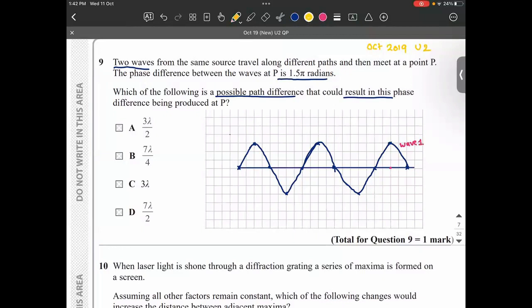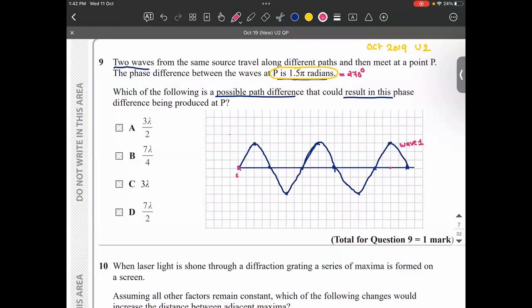Now wave number two. So what is the speciality of wave number one and wave number two? The phase difference between both these waves is 1.5 pi radians. Correct? So it means that after starting one wave, after 270 degrees, the other wave is starting, because 1.5 pi radians means 270 degrees.